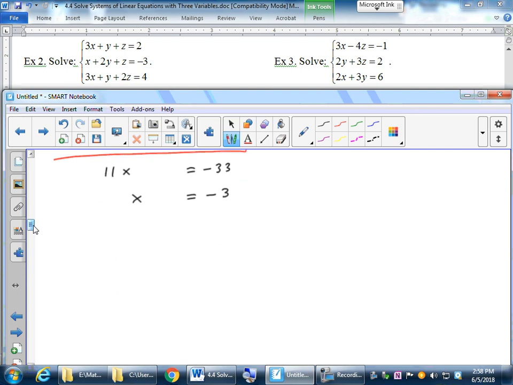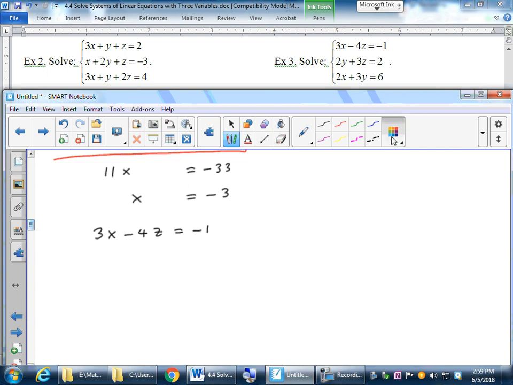Now, because the original equations have only two variables, I can use this value x to find z by plugging into the first equation right here, right? Or I can plug it into the third equation to get my y. So starting with the first equation, 3x minus 4z equal to negative 1.